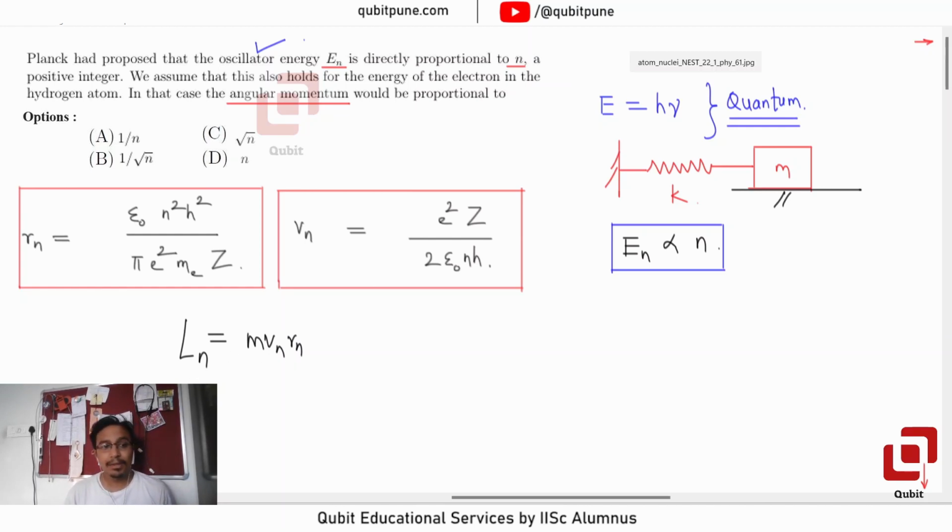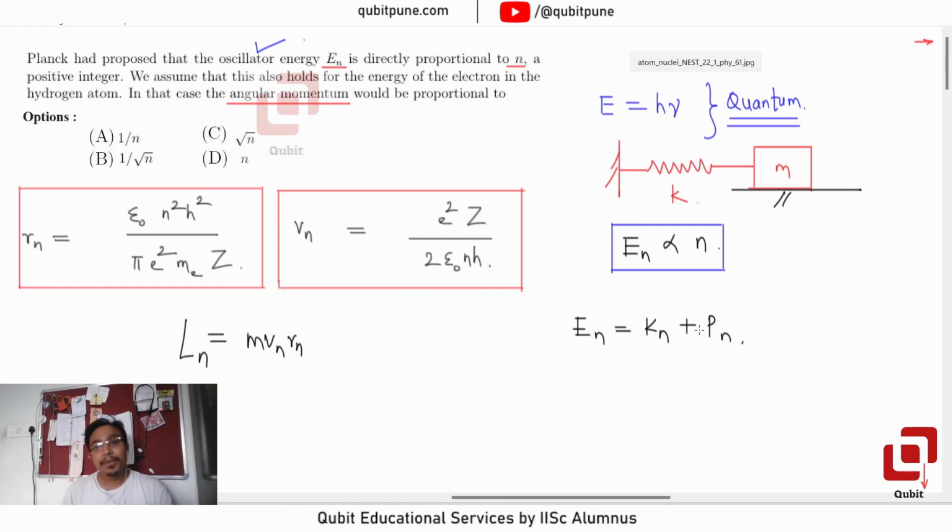Now look, like the spring mass oscillator has its energy oscillating between the potential energy of the spring and the kinetic energy of the block, the electron acting as an oscillator will also have its energy in two components. So En will be equal to Kn plus Pn, where K is the kinetic energy and P is the potential energy.